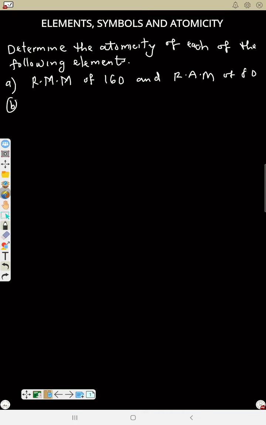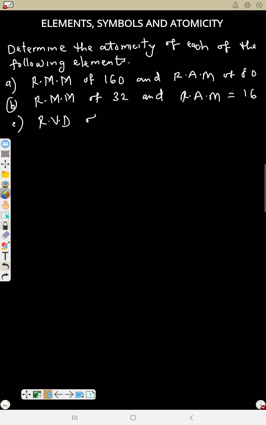B, an element with relative molecular mass of 32 and relative atomic mass of 16. C, an element with relative vapor density of 62 and relative atomic mass of 31.